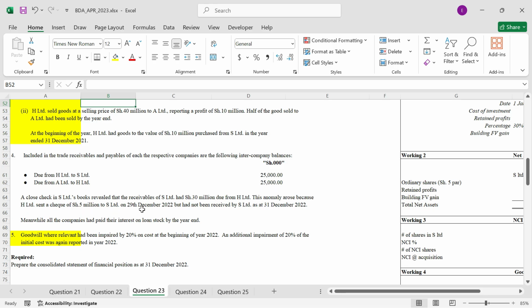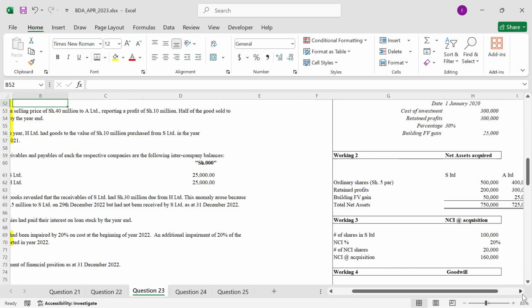A check in S Limited's books reveals that the receivables of S Limited had 30 million due from H Limited. This anomaly arose because H Limited sent a check of 5 million to S Limited on the 1st December 2022, but it had not been received by S Limited as of 1st December 2023. So we have an amount of cash in transit, an amount of 5 million.